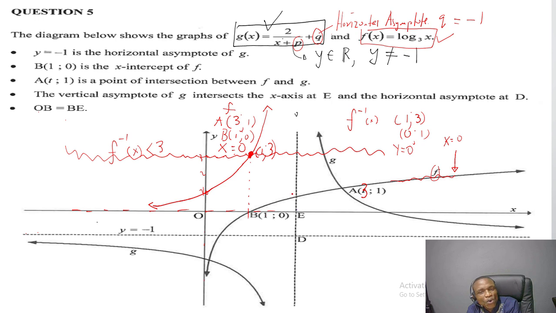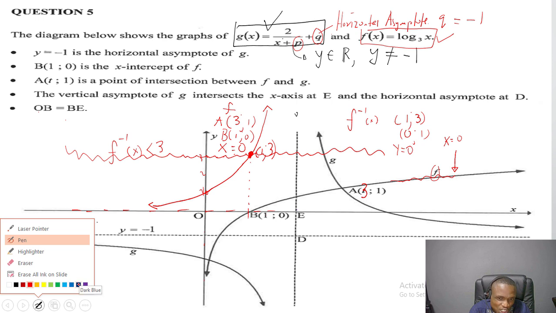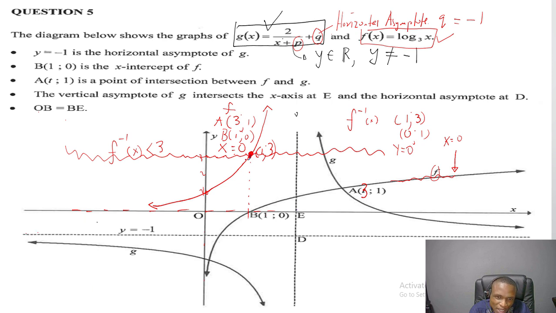Now they are saying, for which values of x will the inverse be below 3? We see that this is the portion of the inverse which is below 3, this part. That other one is on top. This is the portion which is below 3. This is from this point going to the left.